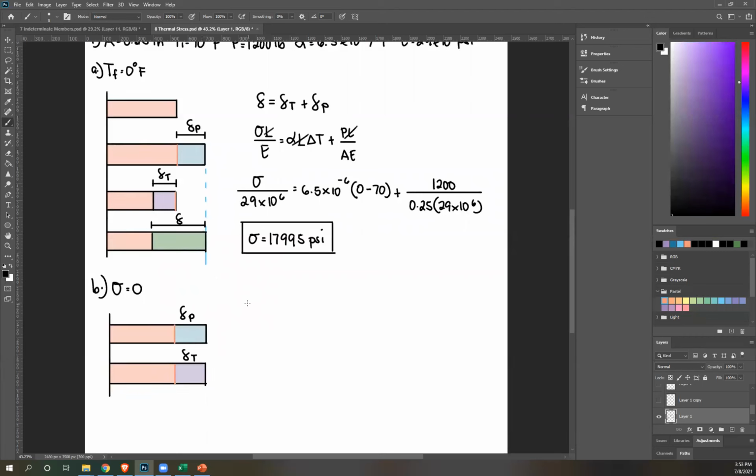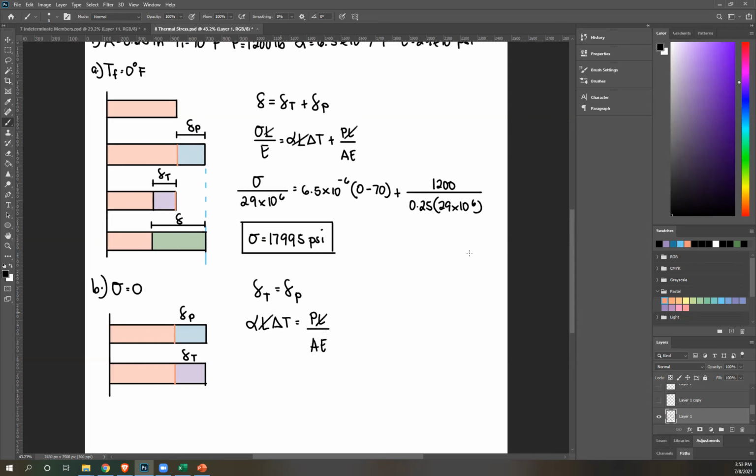And then from the drawing, you create your equation again. So the equation is deformation due to temperature will be equal to deformation due to force. Sub in values, alpha L change in T equals PL over AE.